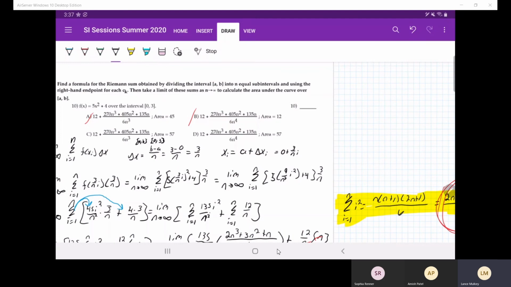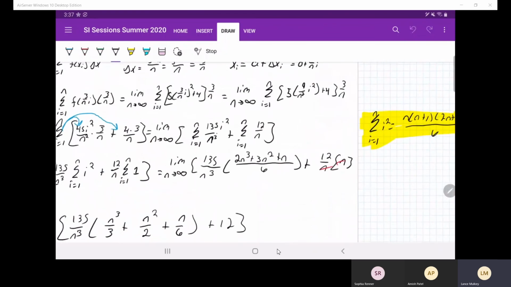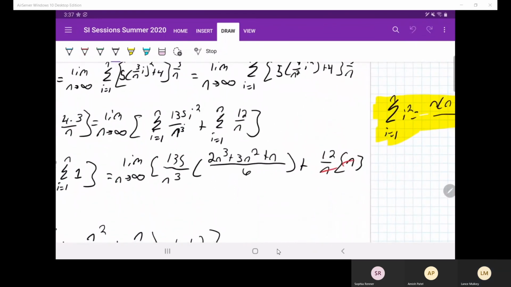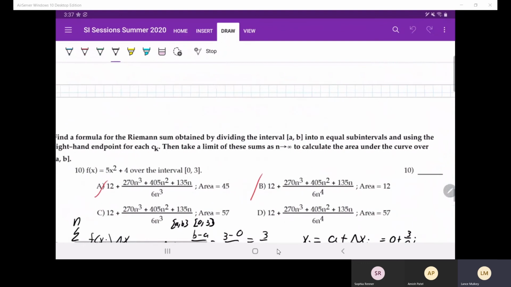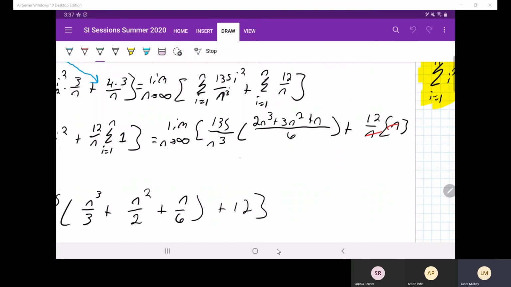Now let's see what kind of twisted stuff he tries to make us do now. Oh, he didn't split it up. He left it like this. So he wanted it as, I'll write it in green, 135 n cubed plus, and I did that way wrong.